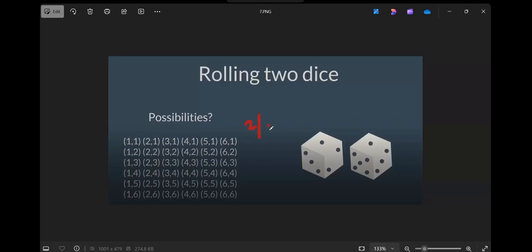So 2 by 36. Understand or not? What is the probability of getting 4? 3 1, 2 2, 1 3. 3 by 36. Getting 5? 1, 2, 3, 4. 4 by 36. Getting 6?